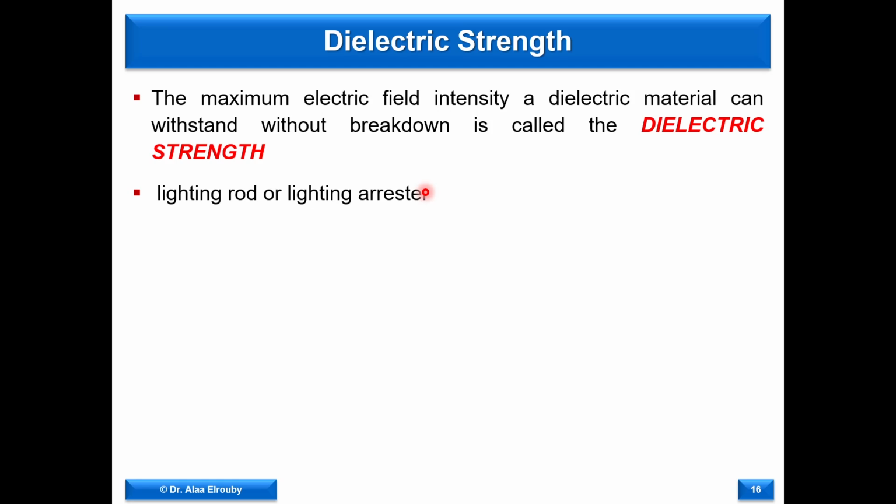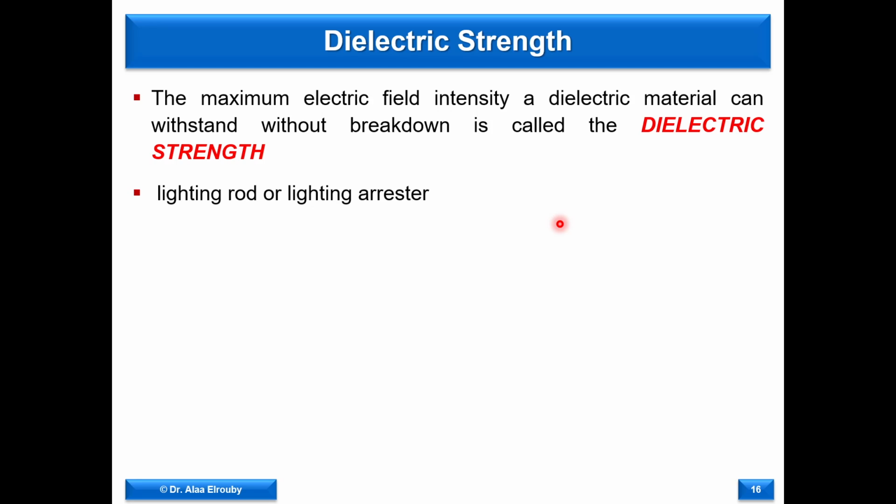One important parameter of the dielectric material is called the dielectric strength. It is the maximum electric field intensity a dielectric material can withstand without breaking down. What is the idea of breaking down here? As we showed, the dipoles will try to align themselves along the direction of the applied electric field. So the stronger the electric field, the more separation there will be between the positive charge and negative charge.